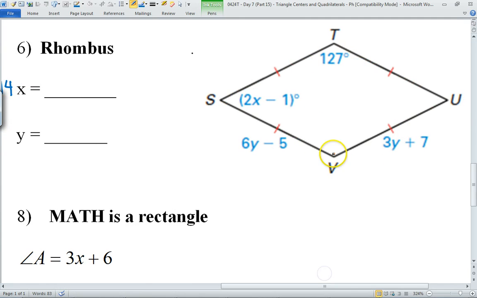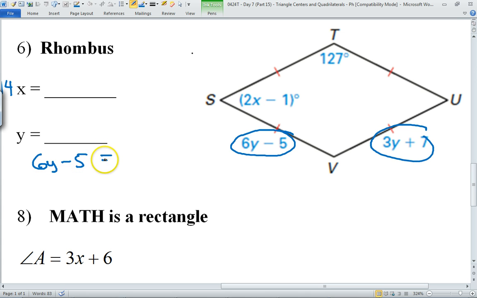Rhombus. Rhombus, of course, all the sides are equal to each other. So, one equation I could make, if I wanted to do the y's, these should be equal to each other. So I can just go 6y minus 5, and that should equal 3y plus 7.